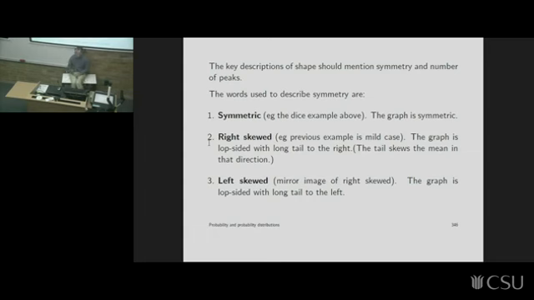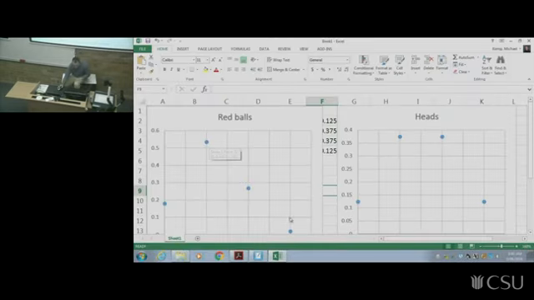The other thing you want to talk about is being not symmetric, and there's two classic ways you get things that are not symmetric, and that's called left and right skewed. They're just mirror images of each other. So just pointing at the picture, how I define it intuitively is you tend to have a peak, and if it's not symmetric, you tend to have something unbalanced.